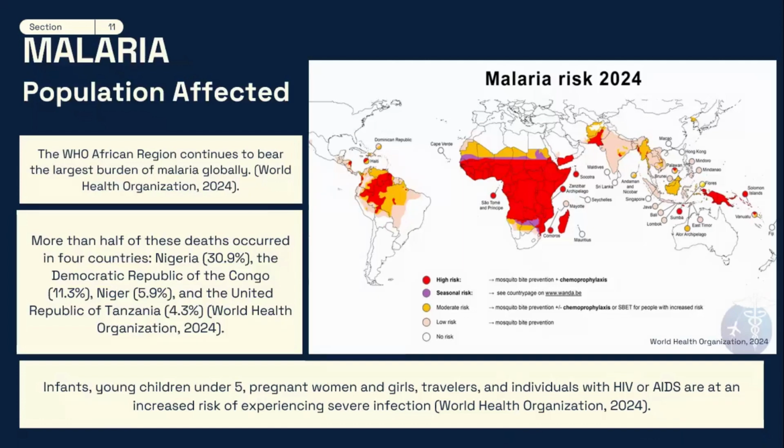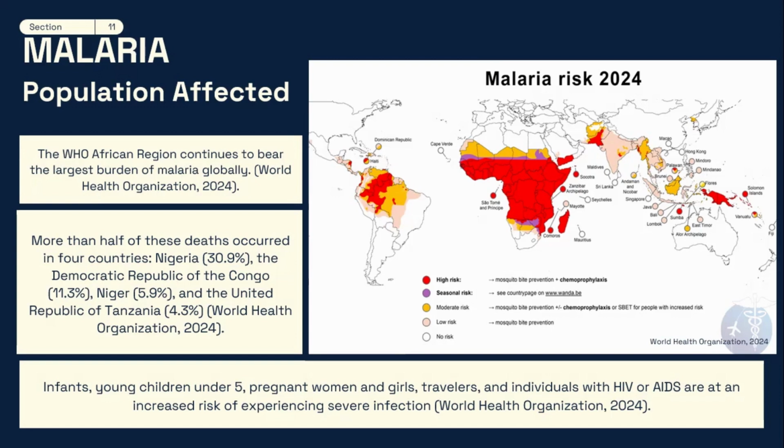When we're talking about the populations that are affected, the World Health Organization data shows that there were 263 million malaria cases globally in 2023, which is an increase from the 252 million in 2022. Malaria-related deaths were estimated to be 597,000, which was slightly down from the 600,000 in 2022. The WHO African region continues to bear the largest burden of malaria globally.